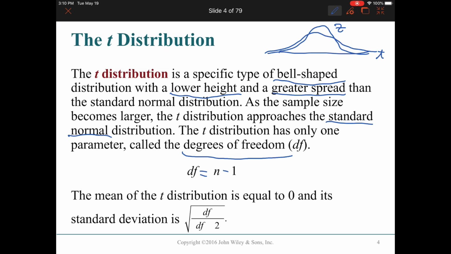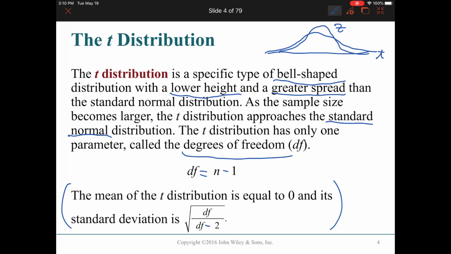It's equal to df, degrees of freedom, and it's n minus 1. Very easy formula. You don't have to show your work here. And it helps us read the table and determine which t curve you have. They're all slightly different. We're not going to spend a lot of time on this, but your book likes to bring it up, and it certainly doesn't hurt.